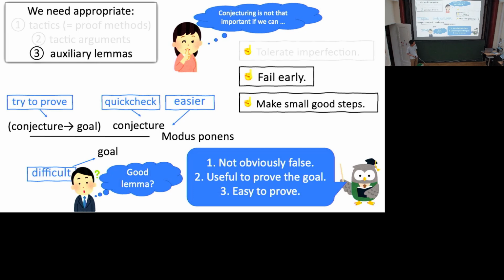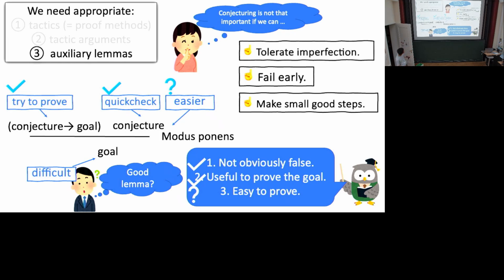If quick check finds no counterexample, maybe it's not obviously false. Maybe quick check is not strong enough, but at least we know it's not obviously false. It might be false though. And if we manage to prove the goal by assuming a conjecture, we can be sure that this conjecture is actually a useful one. And we hope that the conjecture is actually easier to prove.